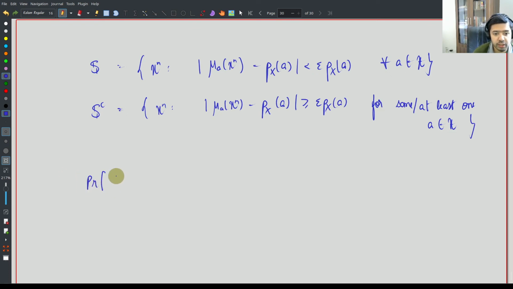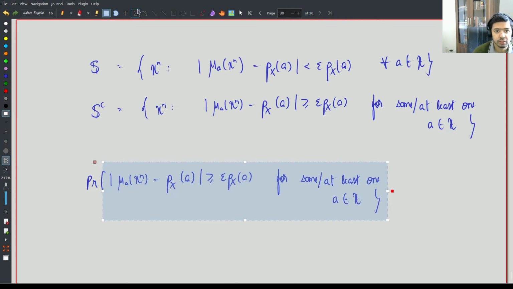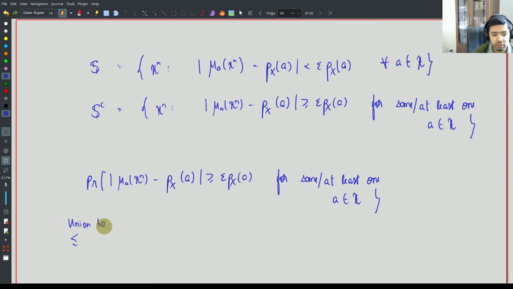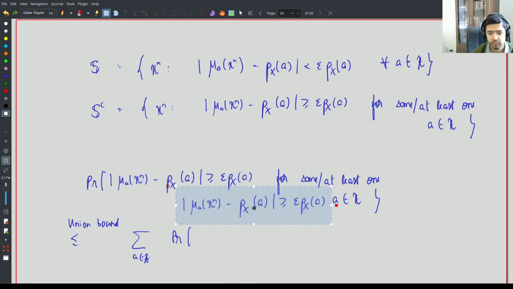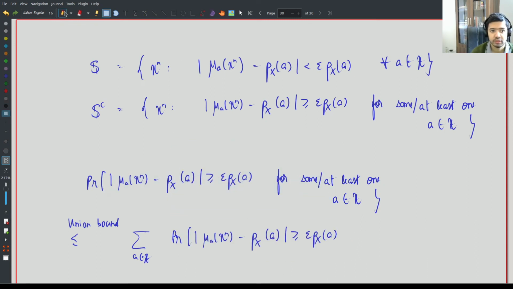So the probability that whenever this happens is less than or equal to, by the union bound, the summation over all possible a of this, right?